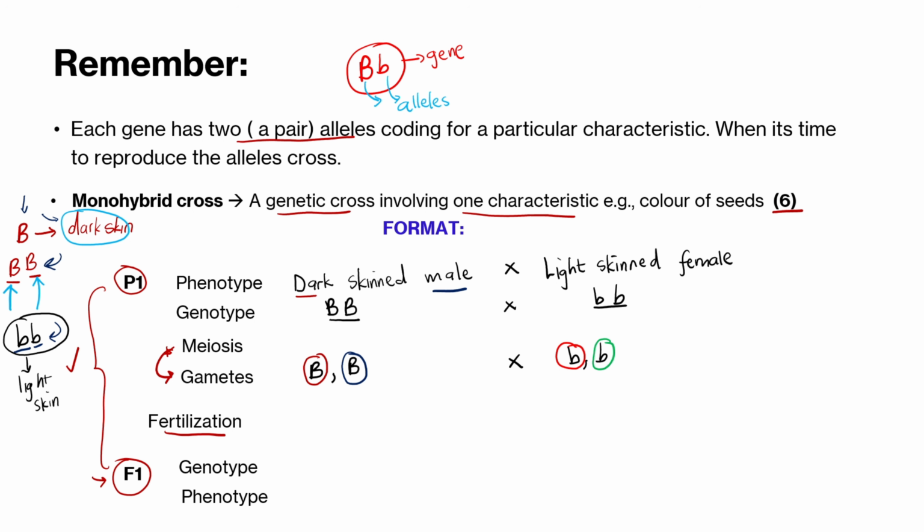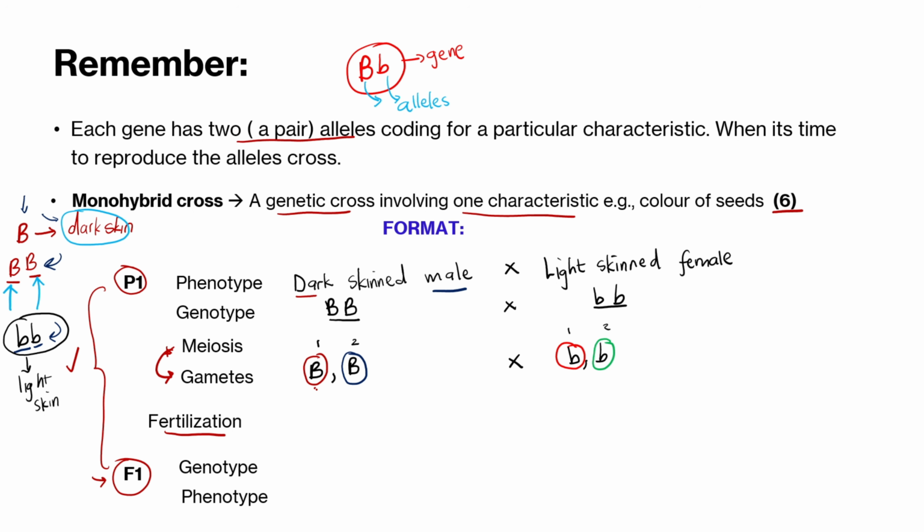But remember that fertilization occurs randomly. So one of them will be able to cross successfully, but it happens randomly. You don't know which sperm cell will get into the ovum. It's either the first one or the second one, and the ovum that will be penetrated is either the first one or the second one from the female. So you have to make all those possible combinations.